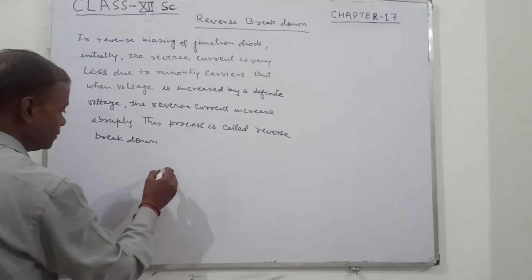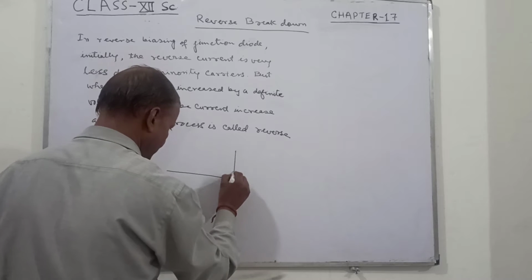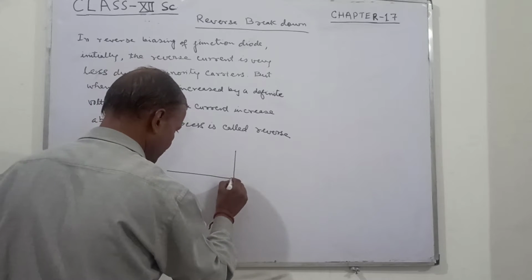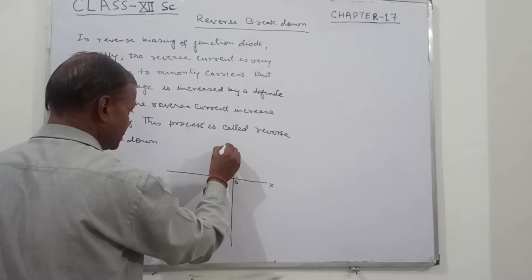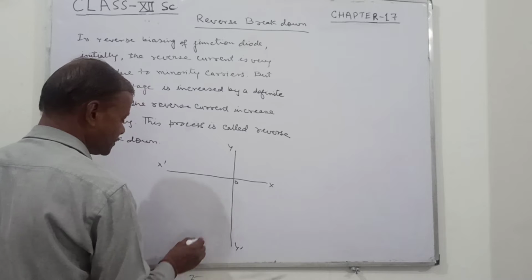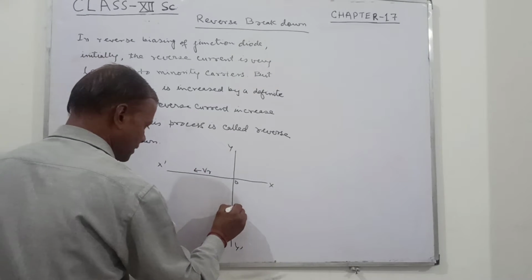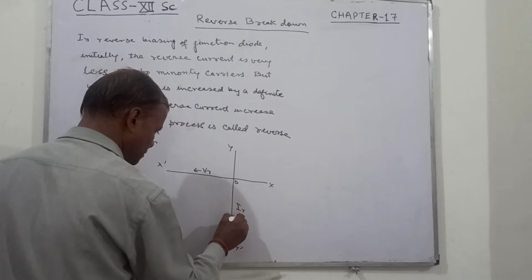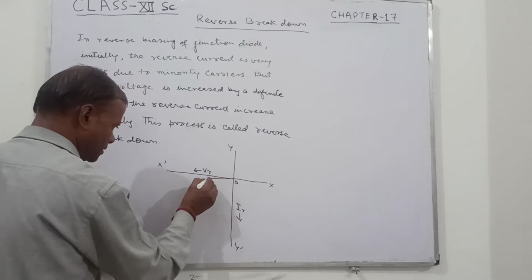Suppose here we have 0, this is X, this is Y, this is X dash, and this is Y dash. Here we take the reverse voltage, and this is the reverse current. Then you can see that we get a curve like this.